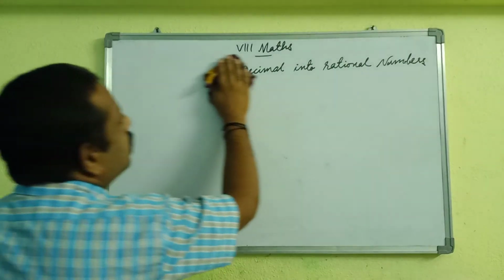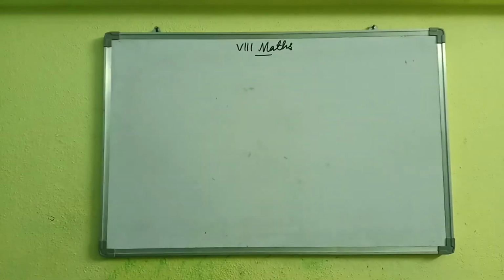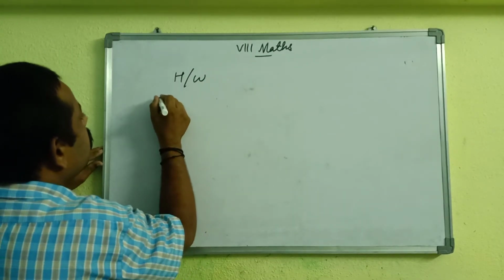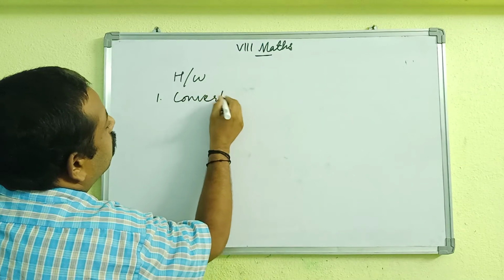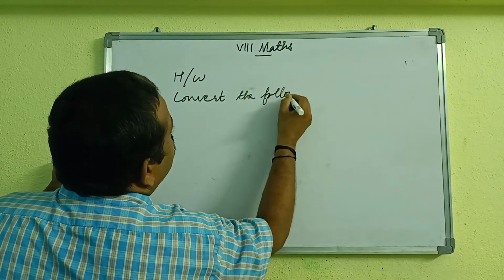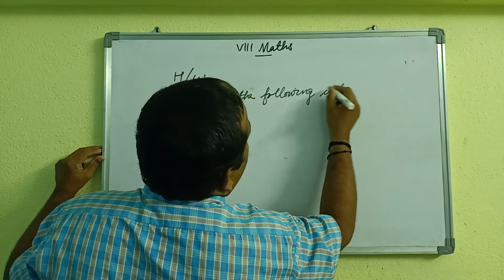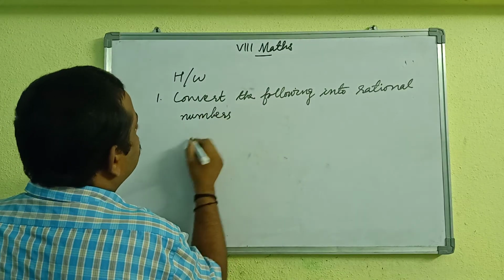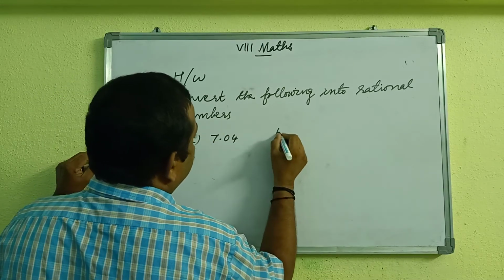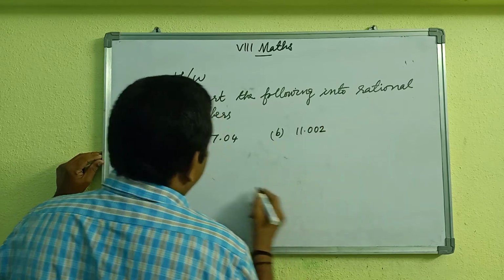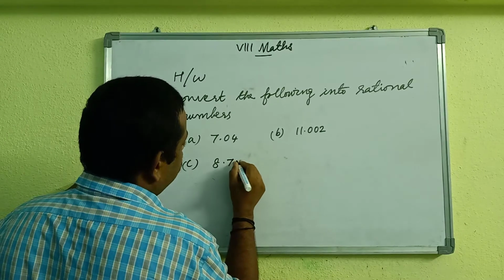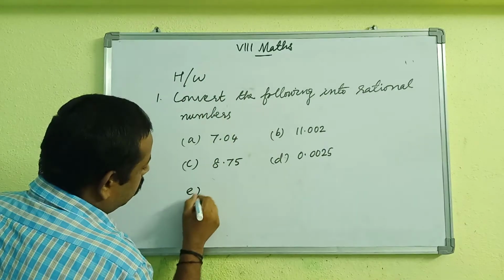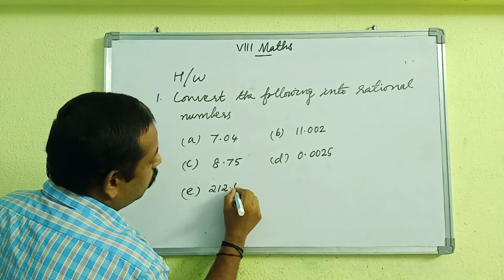Now you can note down today's homework. Convert the following into rational numbers: 7.04, 11.002, 8.75, 0.0025, 212.0102.